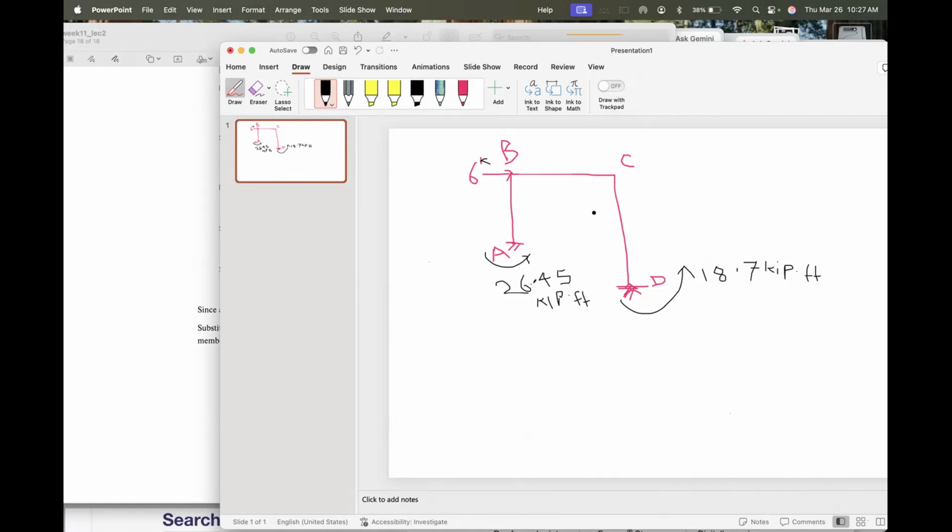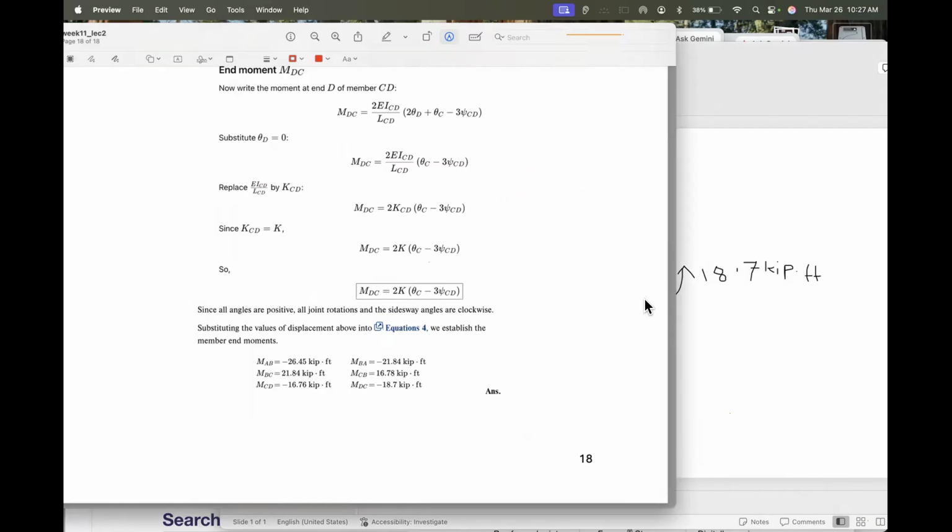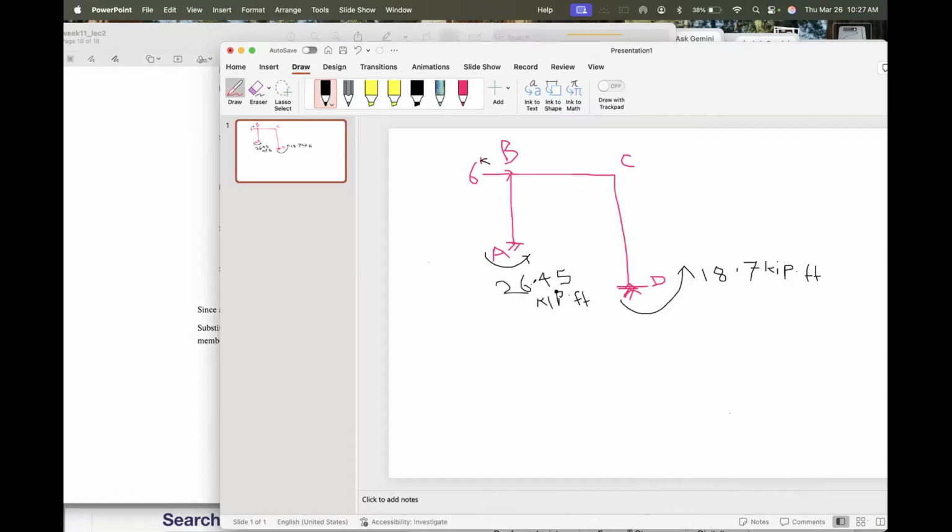You can separate the structure and show those things, whatever you prefer, it's fine. So we have 26.45 kip-ft here, then this one here, and if we separate it, then we need to show all the steps. Okay, here A, B. So remember that for the AB bar, we already computed those things.